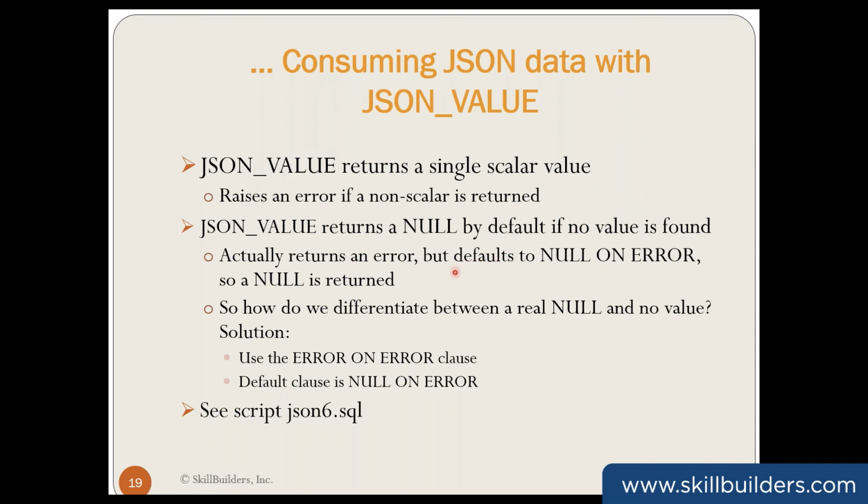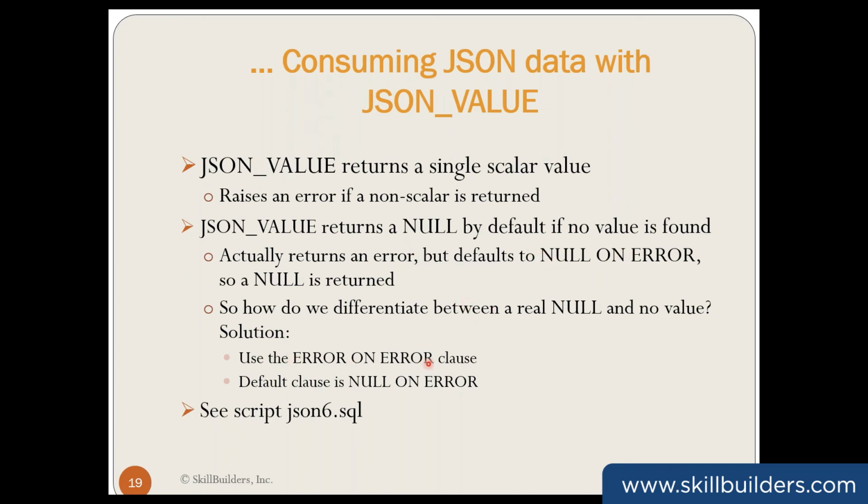It's going to return you a null, which we saw before, but it really returns an error. It doesn't really return a null, it returns an error. But the default for JSON_VALUE is NULL ON ERROR. So since it returned an error when it couldn't find it, it's just returning a null. Well, how do we know that it differentiated between the null and an error? We couldn't do it in dot notation, but we can do it with JSON_VALUE because we can change the default NULL ON ERROR.